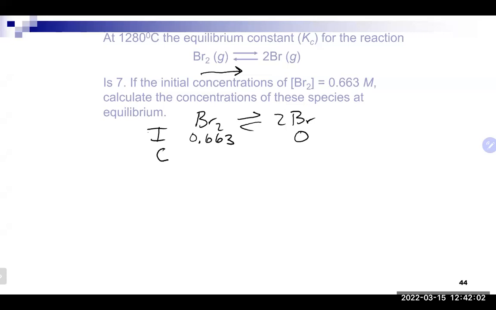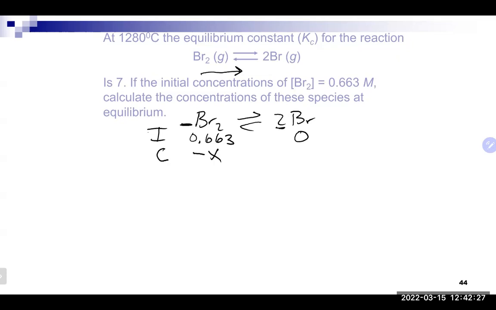The other really important part of the change part is everybody's other favorite thing, which is stoichiometry. Yeah, mole to mole relationship, all that good stuff. So when we do the change part here, we would say minus x, because the coefficient here is technically 1. So that's like a minus 1x. The coefficient here, though, is 2. So we do need to take that into account here.